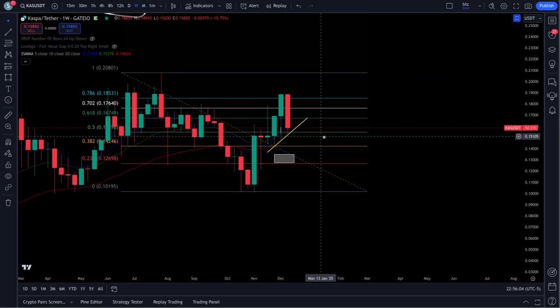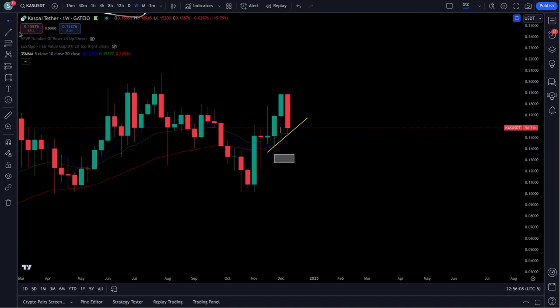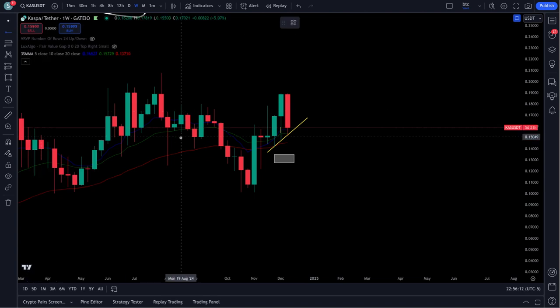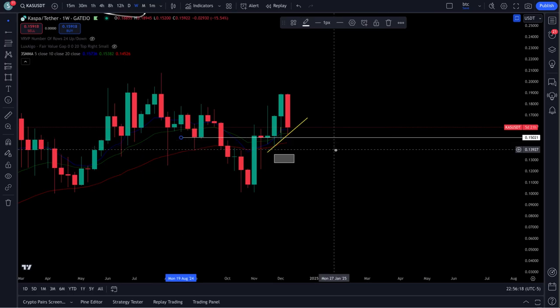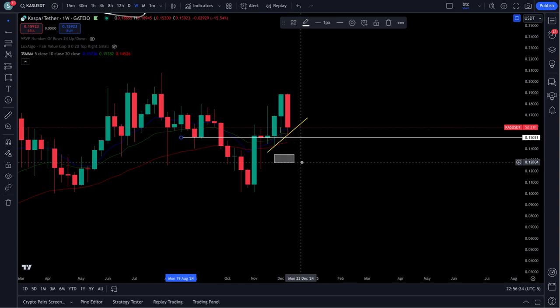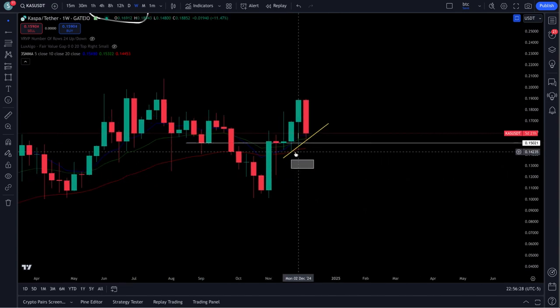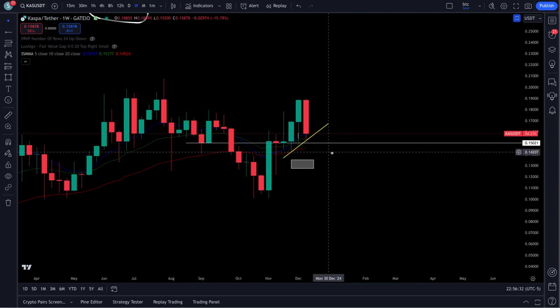You have really, really good support here, right through here. I mean very good support at 15 cents. That is going to be a very, very key area for Kaspa to hold. If we lose that 15, very good chance it's going to correct down here. But 15 on a weekly, you can see all the closing candles through here. Very, very good support. Keep an eye on that.